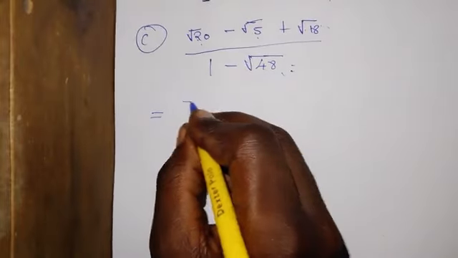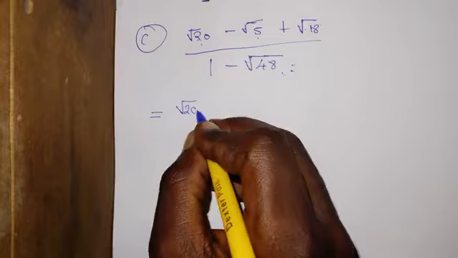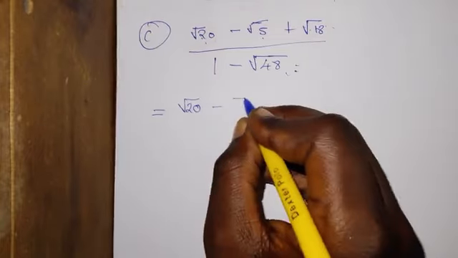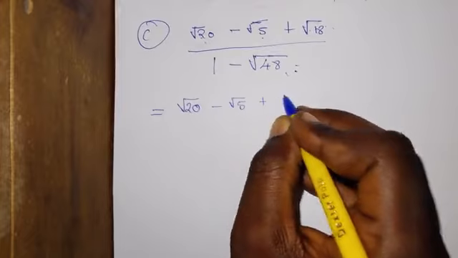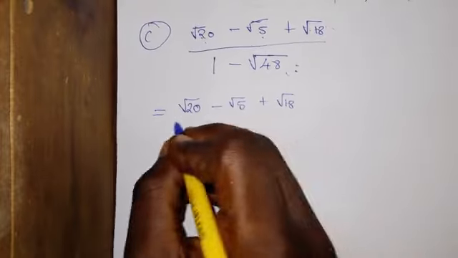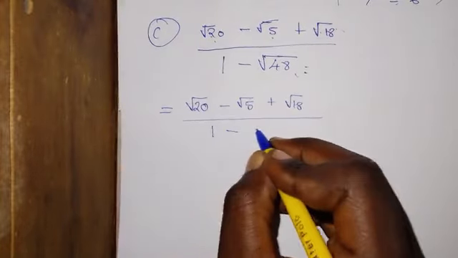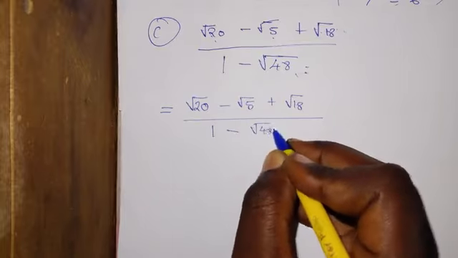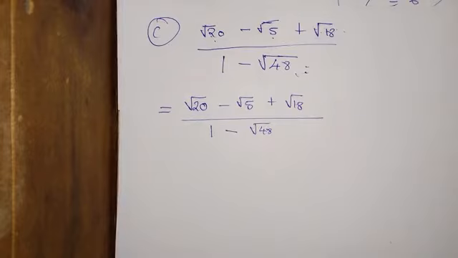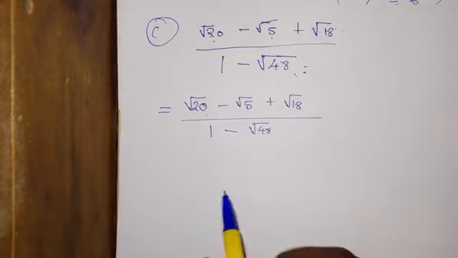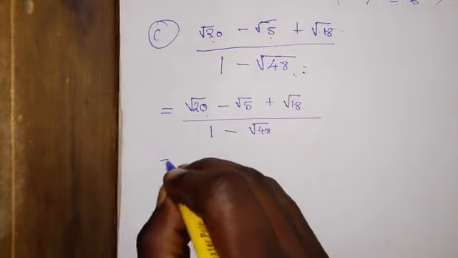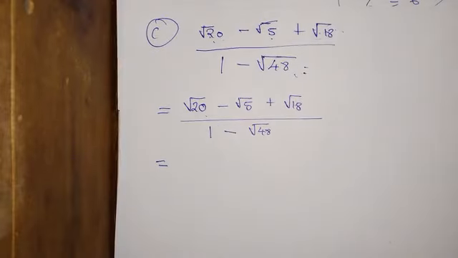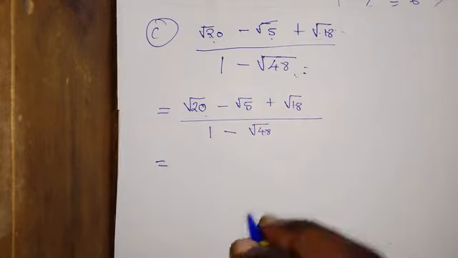So basically, if we have root 20 minus root 5 plus root 18 over 1 minus root 48, we want to break down into simple versions, then later on we're going to rationalize. What concept are we bringing in? The concept of SADS.